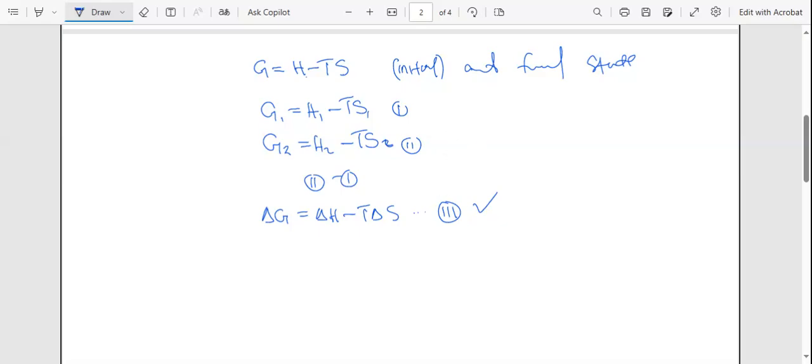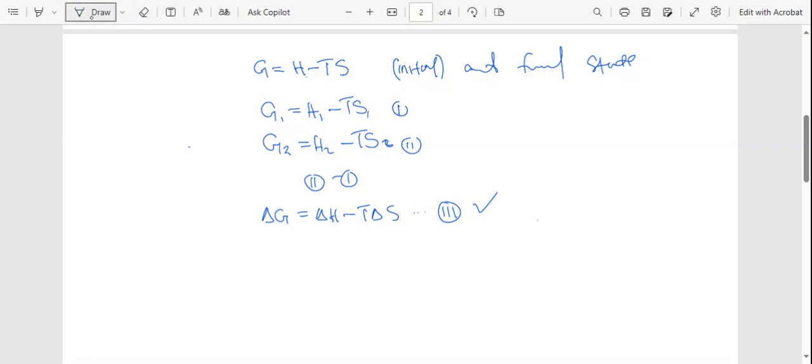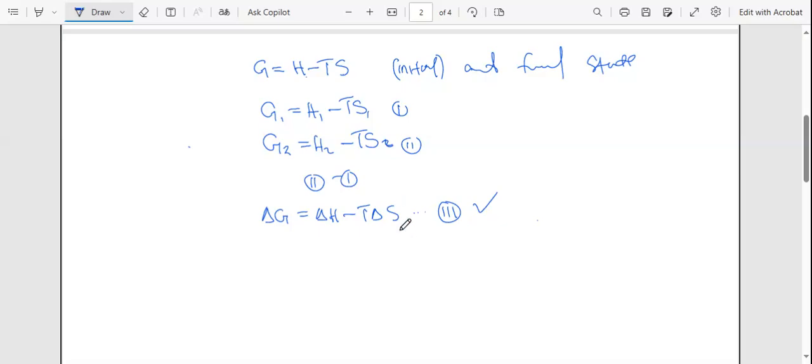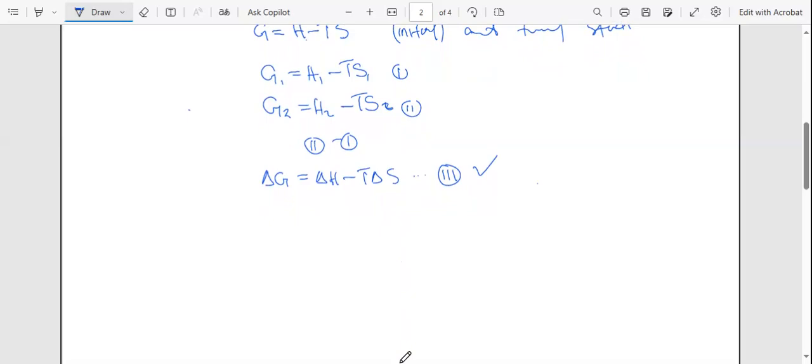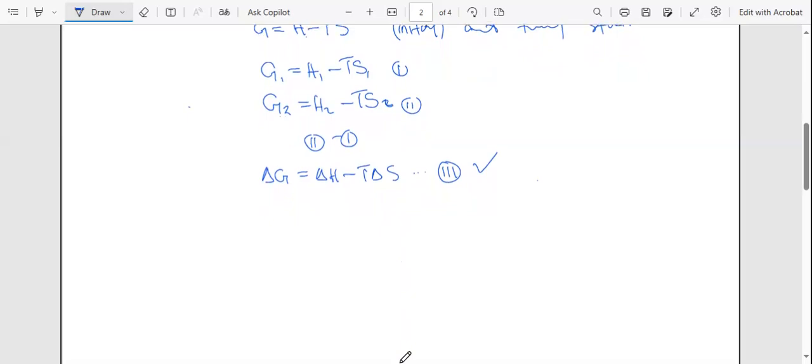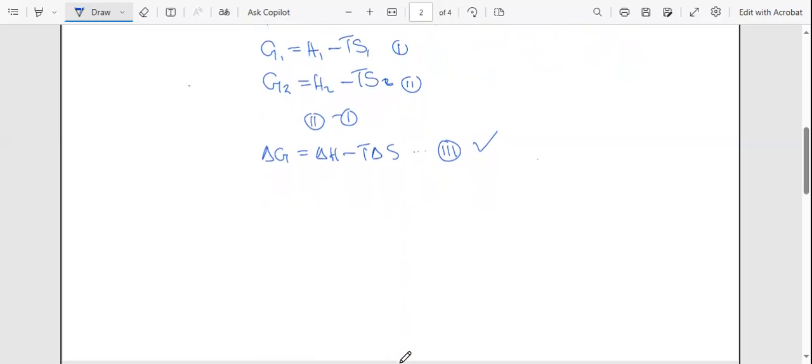Okay, so now we go to equation 4. We are going to substitute in the following.